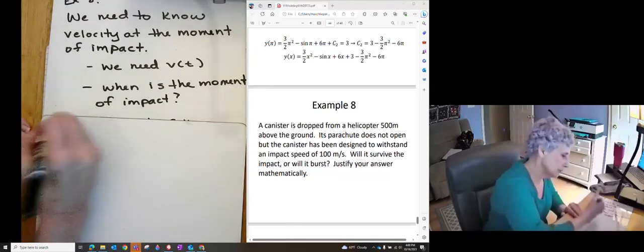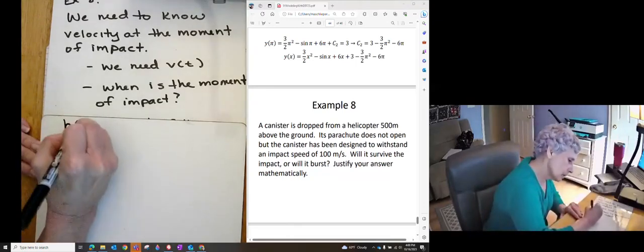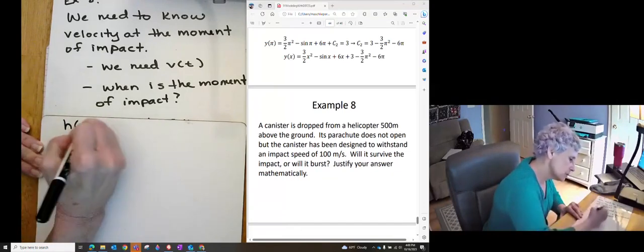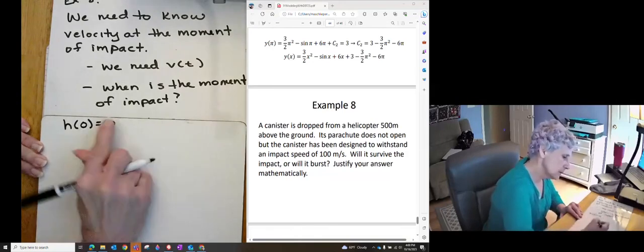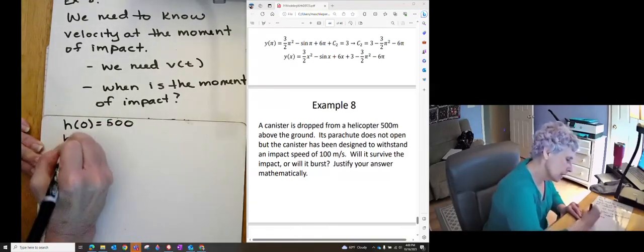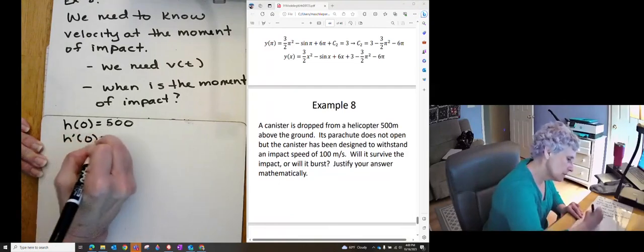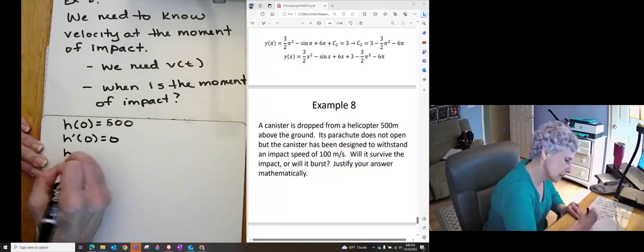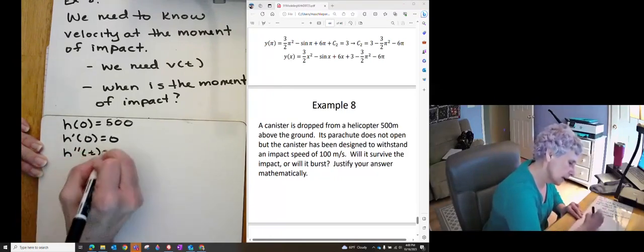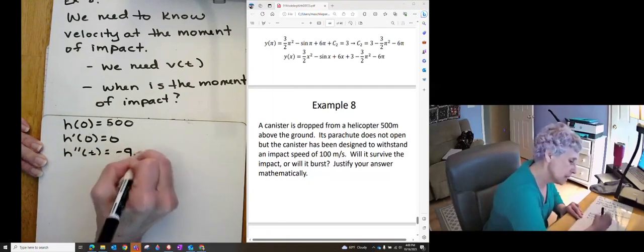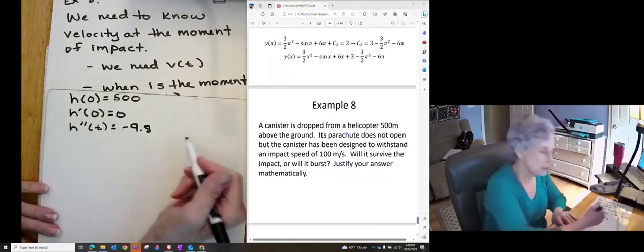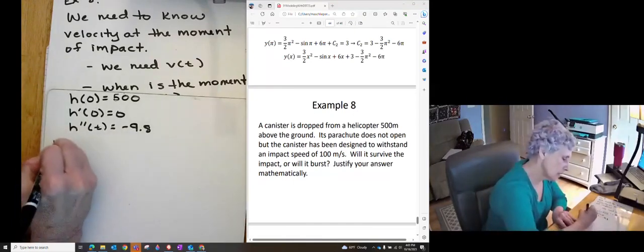I have h of 0 is equal to 500. h primed of 0 is equal to 0. And the second derivative at any time is equal to negative 9.8. So there's my initial value problem.